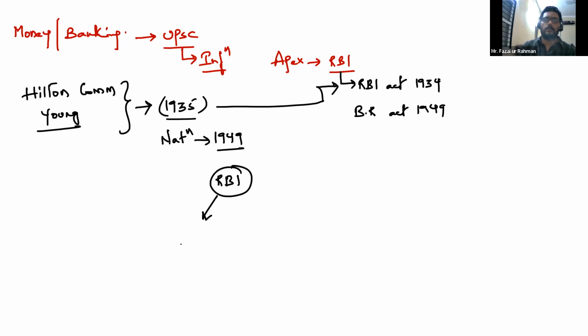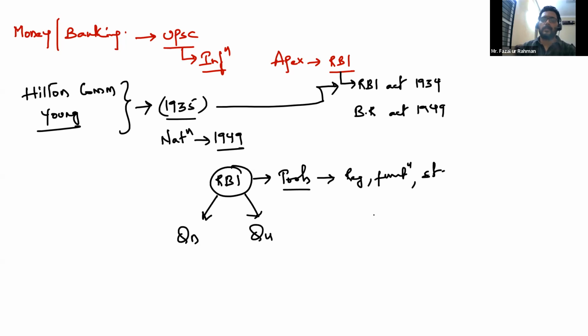It has two important tools. One is quantitative tools. The other one is qualitative tools. What are quantitative tools and qualitative tools? These are the tools which RBI will consider so that the regulatory mechanism, banking functionality, and structure in the banks can be maintained.